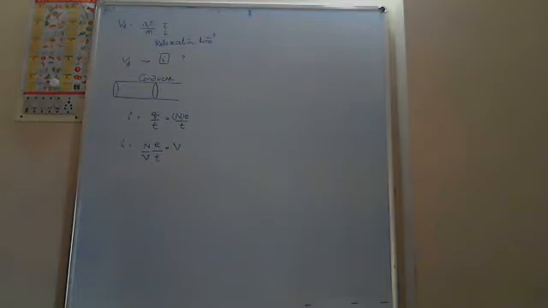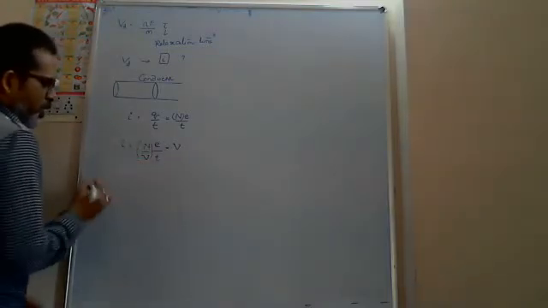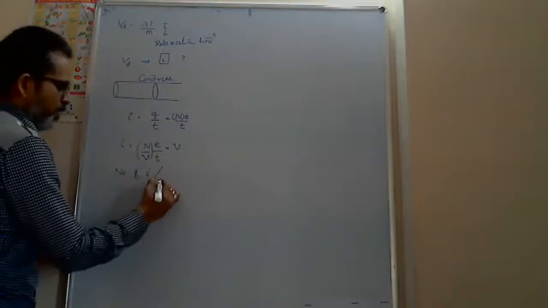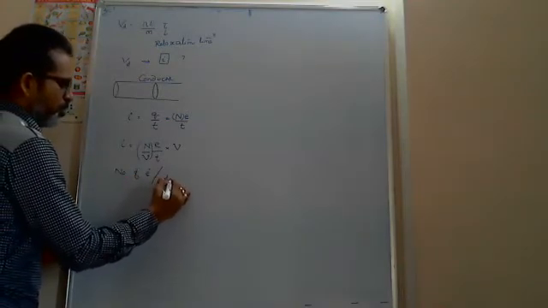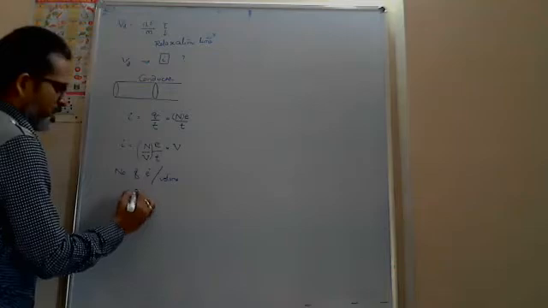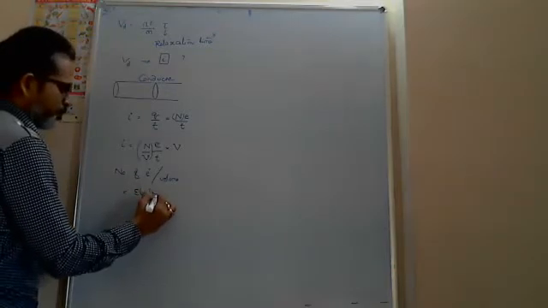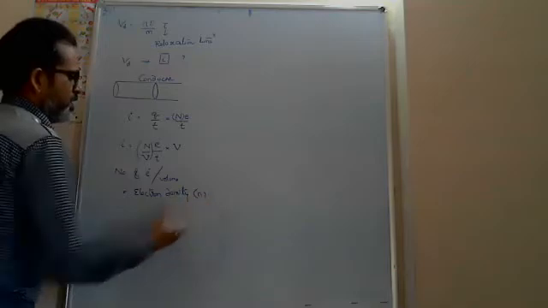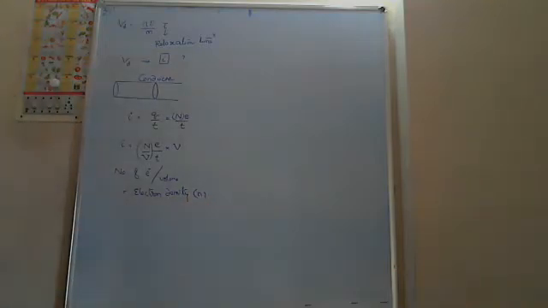By that, I'm getting the term number of electrons per unit volume, which is defined as electron density. That electron density I'm taking with the letter small n.